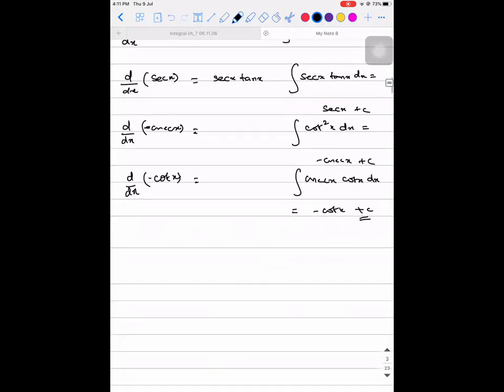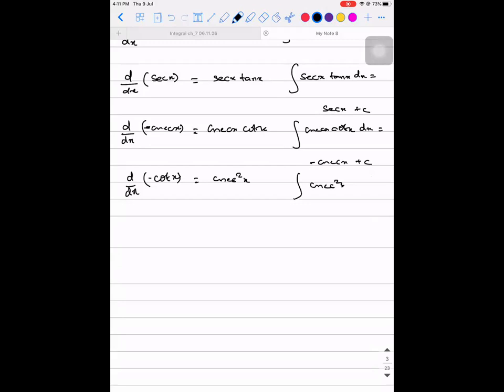See, derivative of secant x is secant x tan x, so this will be cosecant x cot x. Sorry about it. So integral of cosecant x cot x will be minus cosecant x plus c. So derivative of cot x will be minus cosecant square x, so cosecant square x will come here. So integral of cosecant square x dx will be equal to minus cot x plus c.